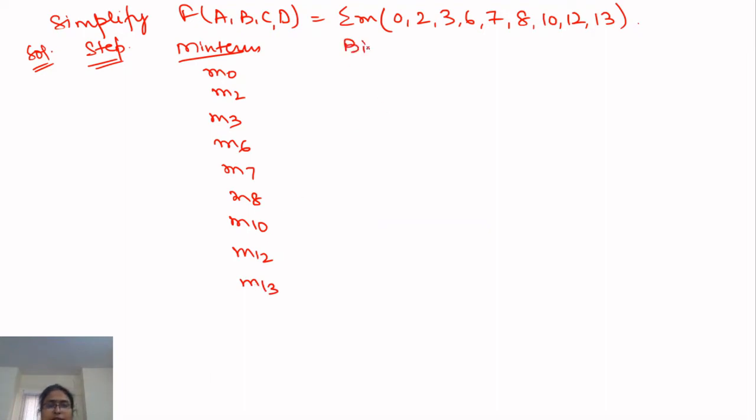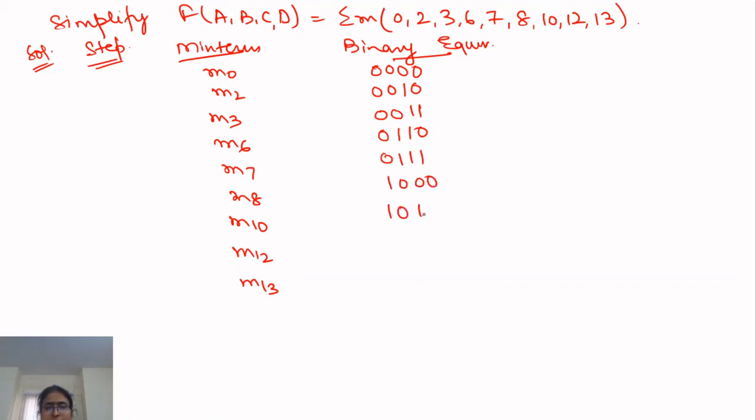And the binary equivalent: 0 0 0 0, 4 variables A B C D. 2 is 0 0 1 0, 3 is 0 0 1 1, 6 is 0 1 1 0, 7 is 0 1 1 1, 8 is 1 0 0 0. 10 is 1 0 1 0. 12 is 1 1 0 0. 13 is 1 1 0 1.